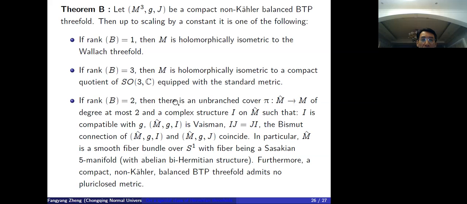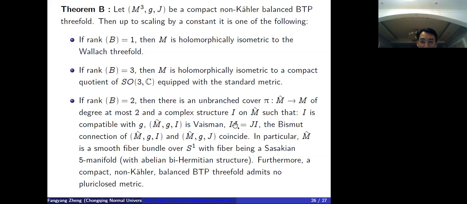It's a torsion class. Once you lift to this possibly double cover, there's another complex structure compatible with the metric. So you have 2 Hermitian structures with the same metric. One we denote as I, the other one is our original J, right? And I and J commute.